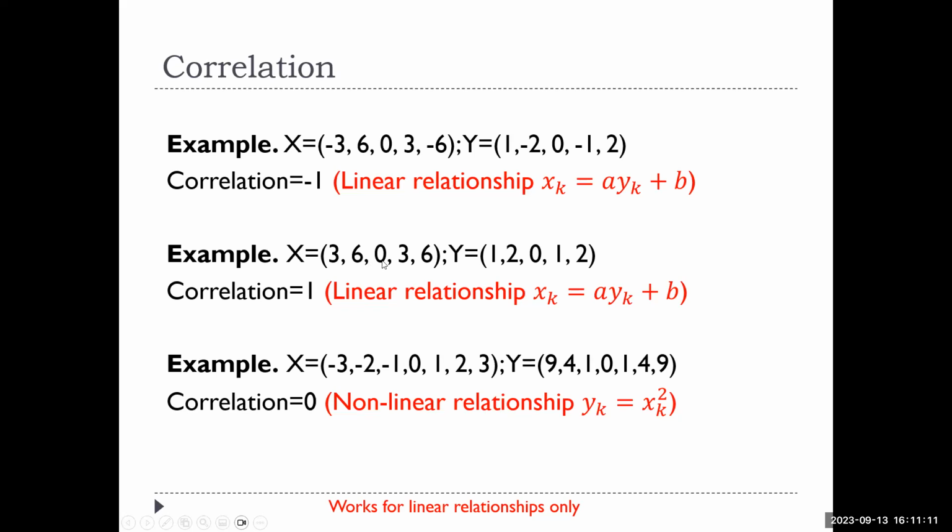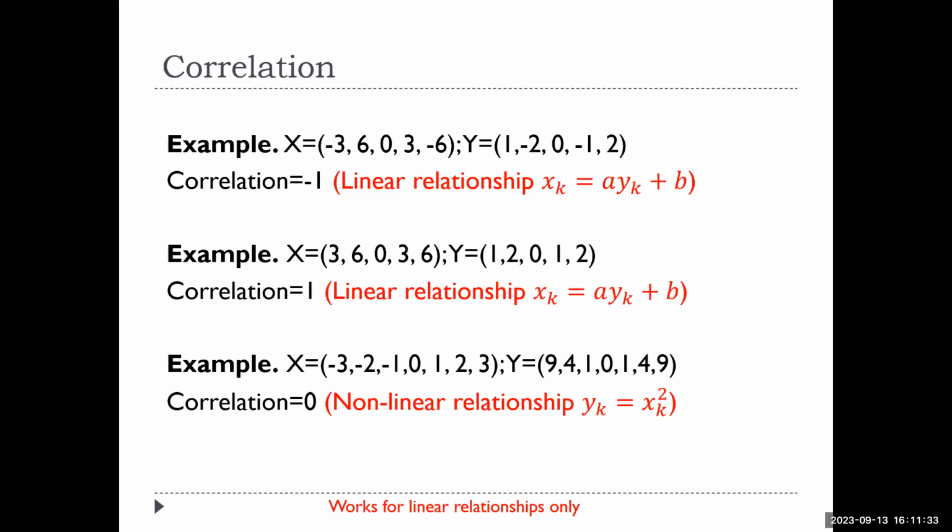Similarly, if you have x as -3, 0, 3, 6, and y as -1, 0, 1, 2, they are still related, right? If you multiply y by 3, then you get x directly. So there's a strong linear relationship. Correlation does not measure non-linear relationships.